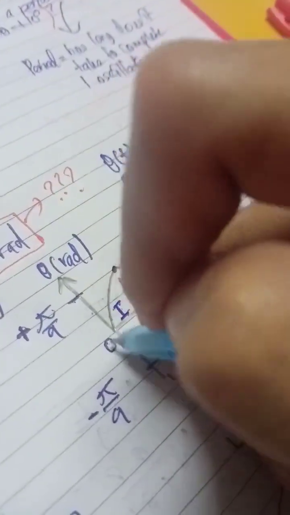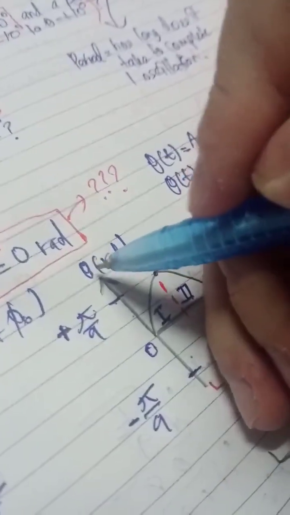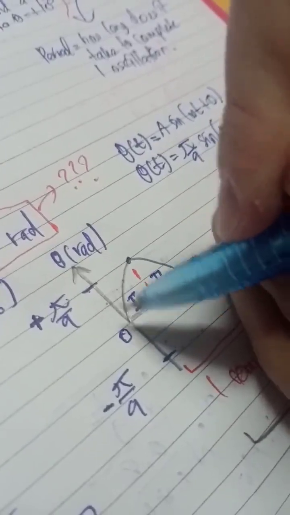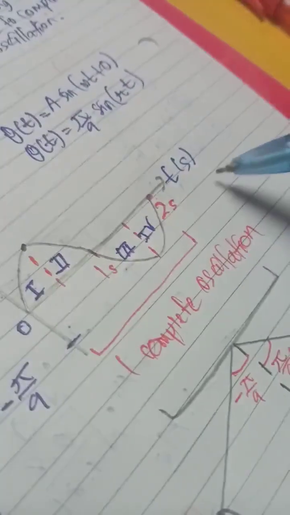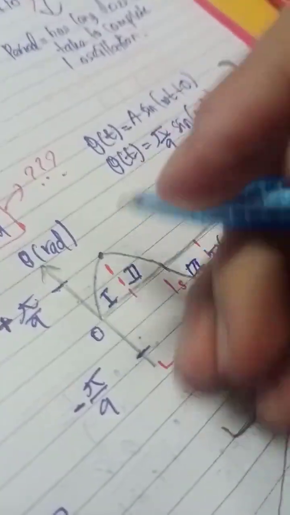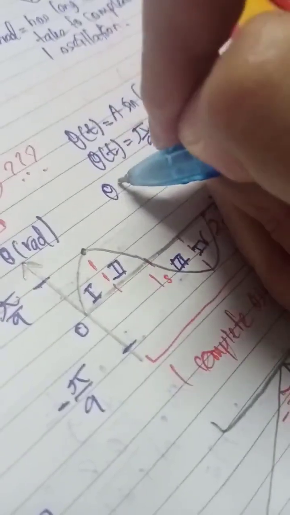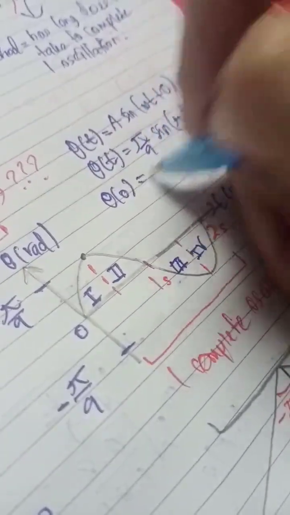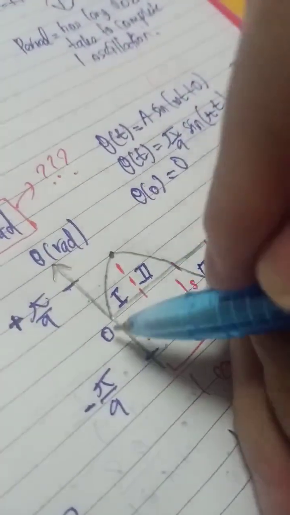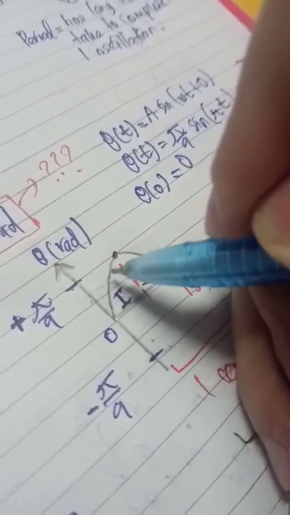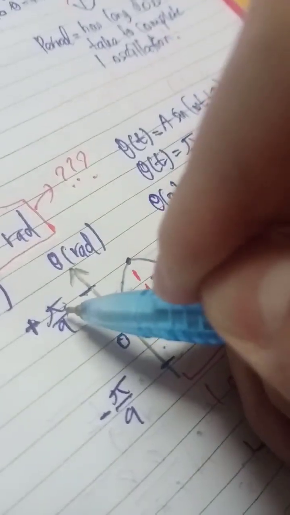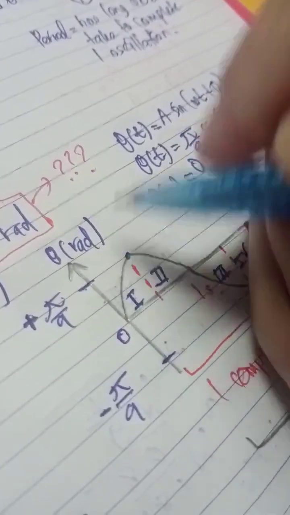The first tier says that at the bottom, theta is equal to 0. Theta at time 0 is equal to 0, and it starts to rise up until the maximum amplitude in the right direction.